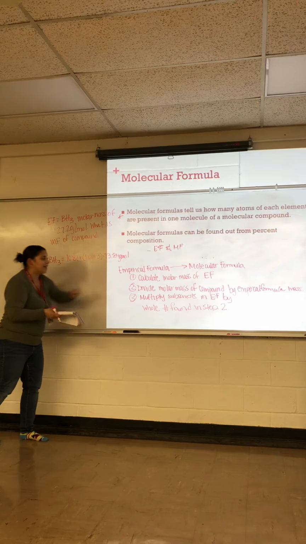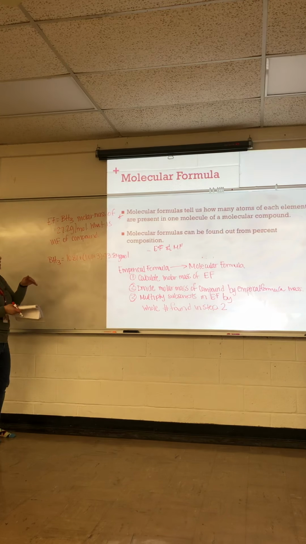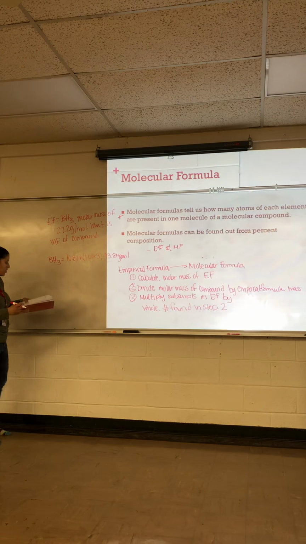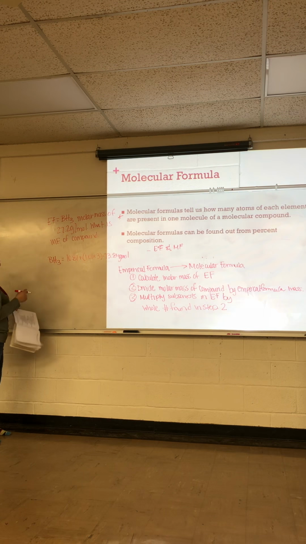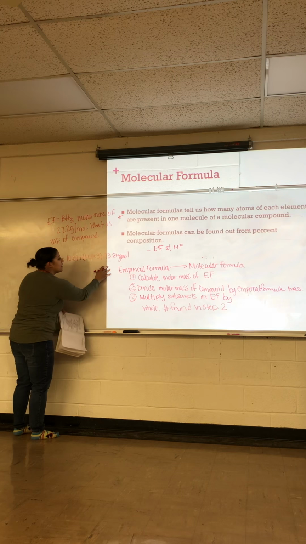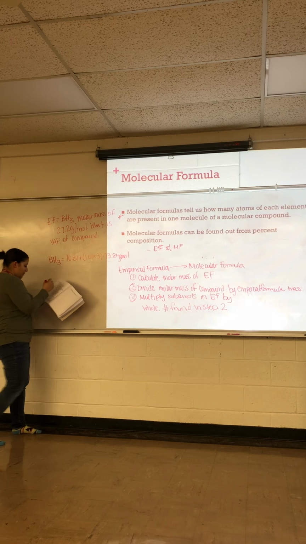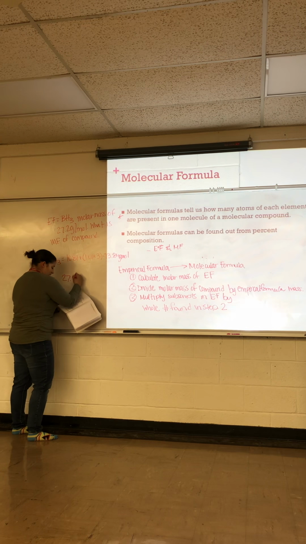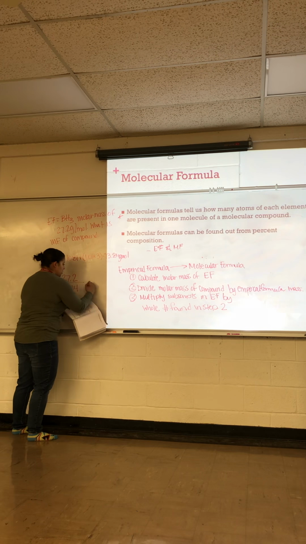I calculated the molar mass of that. Now it says divide the molar mass of the compound by the empirical formula mass. Or excuse me, I've given you the molar mass of the compound. And I found the molar mass of the empirical formula. So I'm going to take 27.2, divide that by 13.84 to give me 2.